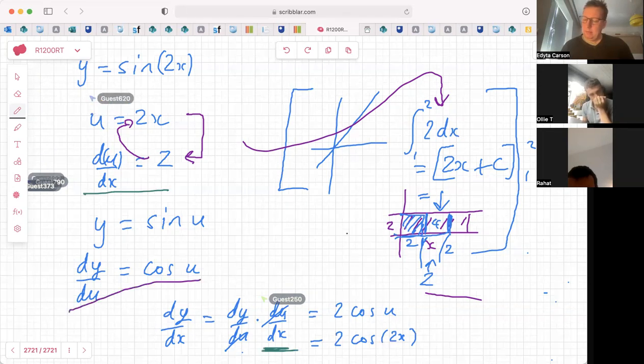And then we times dy by dx, cos u. I'm trying to figure out where you got that 2 from. Oh no, sorry, it's just 2 times cos u. So just the derivative of one times the derivative of the other. That's it.